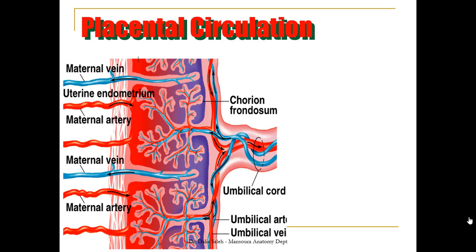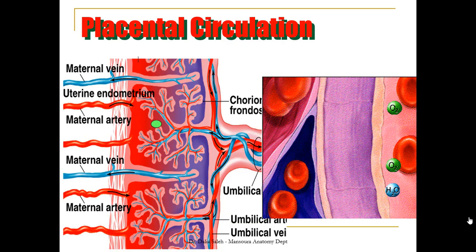For the placental circulation, we can see here the maternal side, or the decidua basalis, containing the maternal vessels, and here the intervillous spaces containing the tertiary chorionic villi, and inside them lie the fetal blood vessels. Blood comes in the maternal arteries and fills the intervillous spaces. If we enlarge it, oxygen will pass across this thin placental barrier from the area of high concentration to the area of low concentration, meaning from the mother to the fetus.